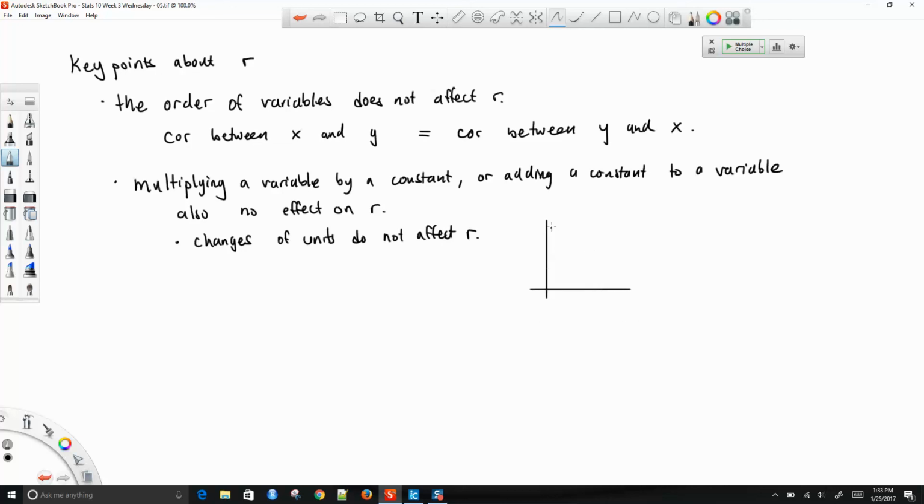Here we said this thing was -1. If I turn it like this, all we're doing is stretching the horizontal axis, effectively multiplying it by a constant. So those do not affect r.